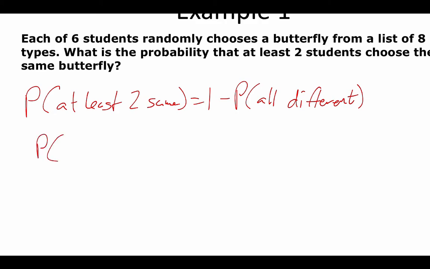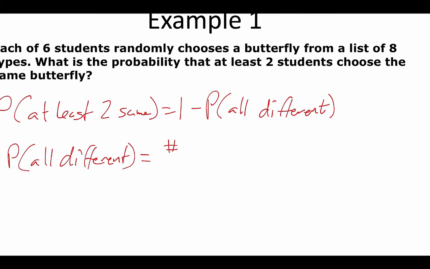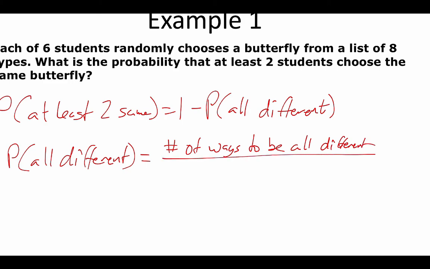So to start off, we're going to do the probability that they're all different. We have to first calculate the number of ways we can get all of them to be different, divided by your total number of ways that they could choose.